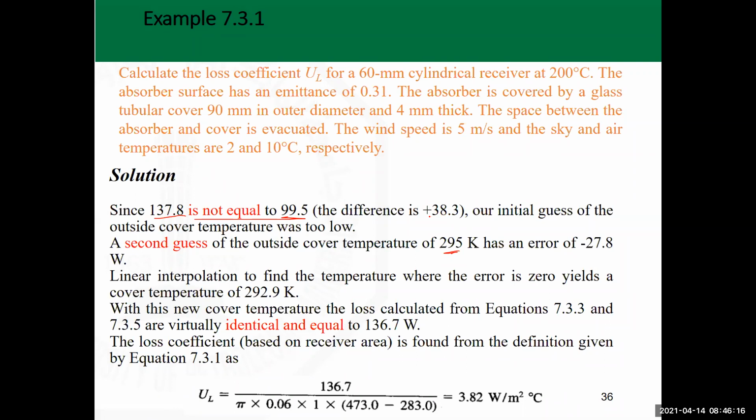So as a second iteration, instead of 290, we used 295. That has led to an expression having a difference, but instead of plus 38.3, the difference is minus 27.8. So the second iteration also did not work.